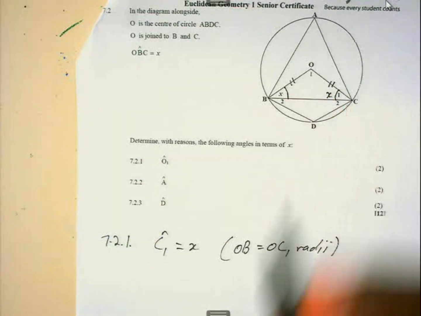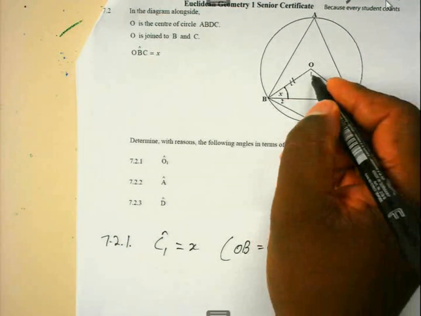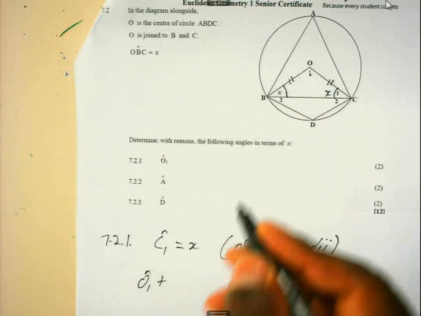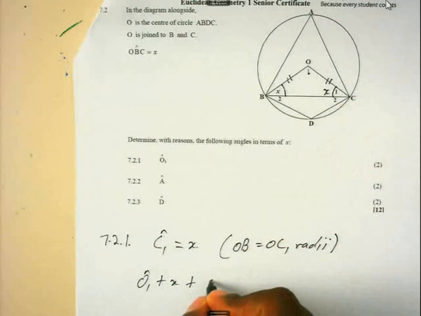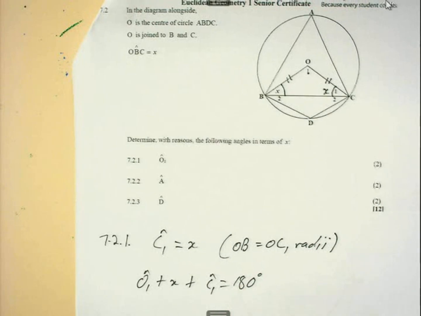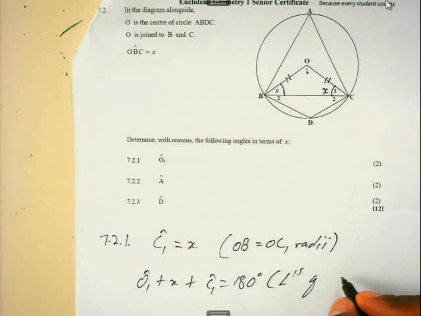So it becomes easy for us to determine O1 in terms of X, because this angle O1 plus X plus C1, they all give us 180 degrees. Those are the interior angles of a triangle, and they add up to 180 degrees.